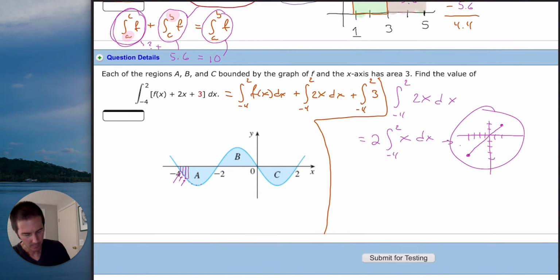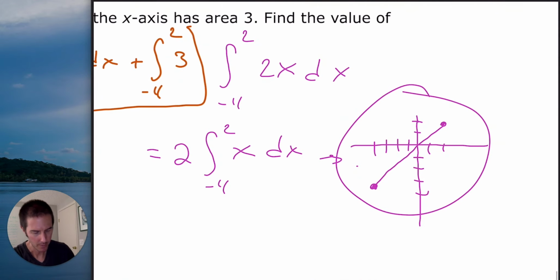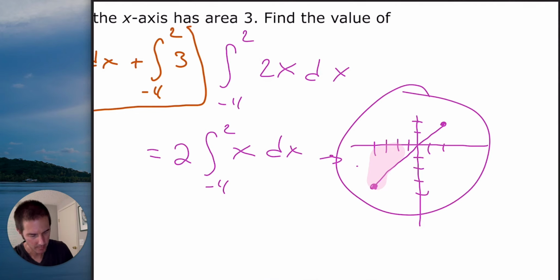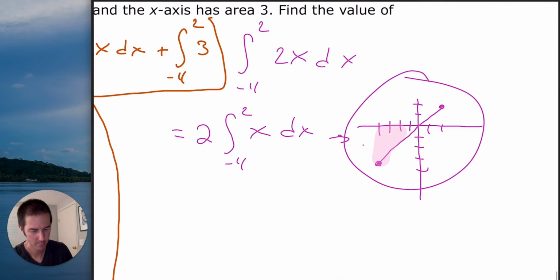In this case, we have to be a little bit careful because we want to find this area. Is it going to draw? Hello? It's not drawing anymore. What happened? Oh, boo.